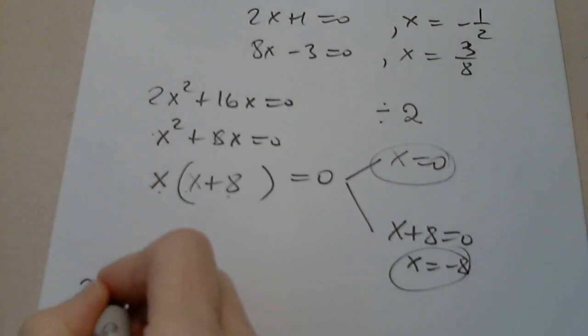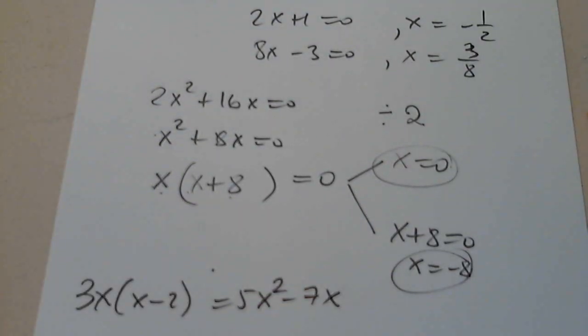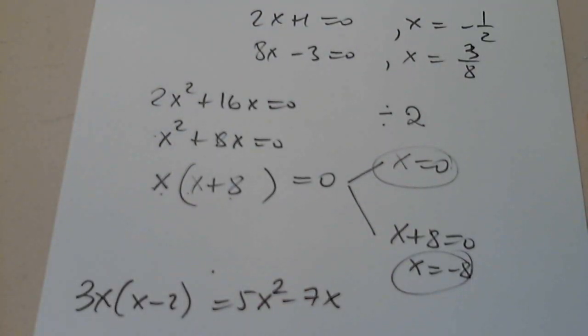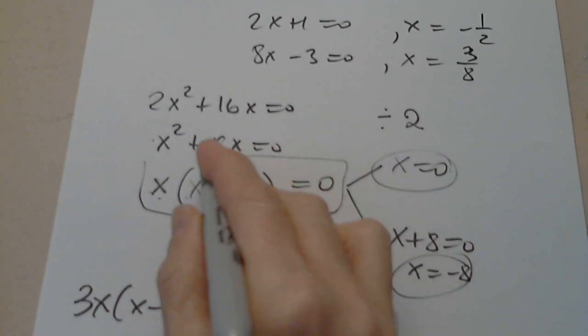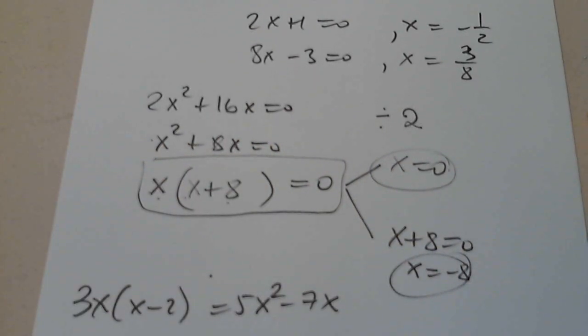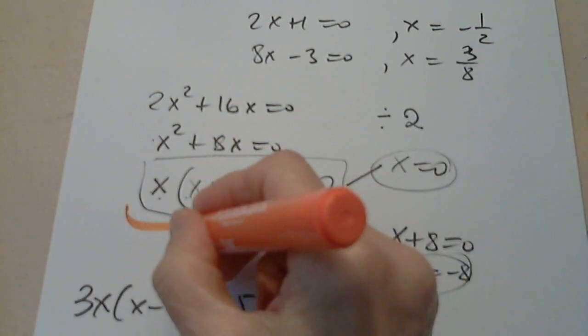So we have 3x and x minus 2 equals 5x squared minus 7x. Perfect. Remember, I can use the zero product principle only if two conditions are fulfilled: I have 0 on one side and the product on the other.